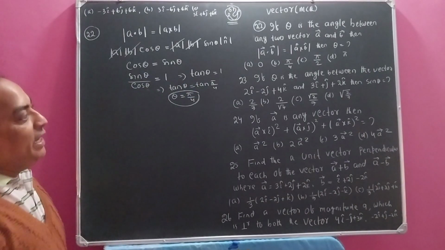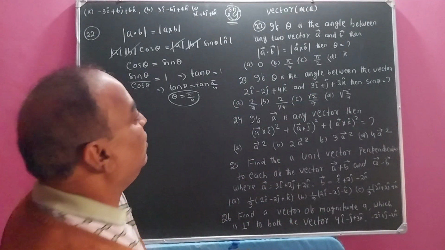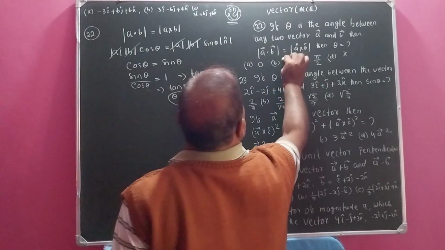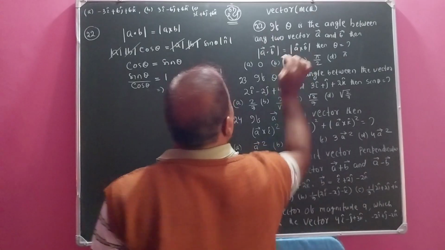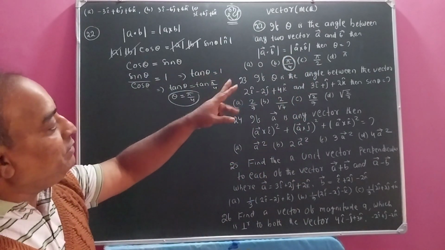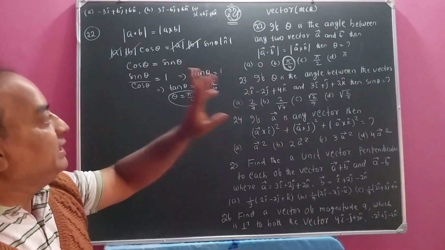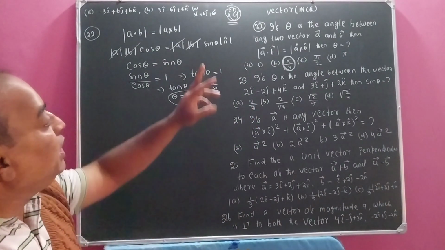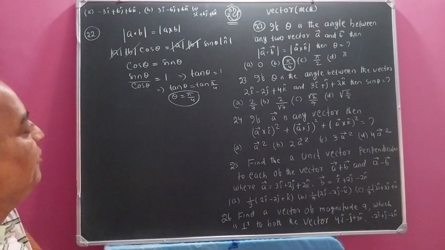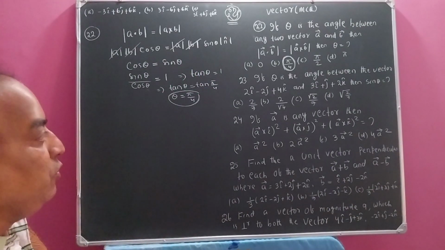So the angle between the two vectors, A vector as well as B vector, is pi by 4. This is the correct answer. So when magnitude of A dot B is equal to magnitude of A cross B, then theta is always equal to pi by 4. This is the answer of question number 22.